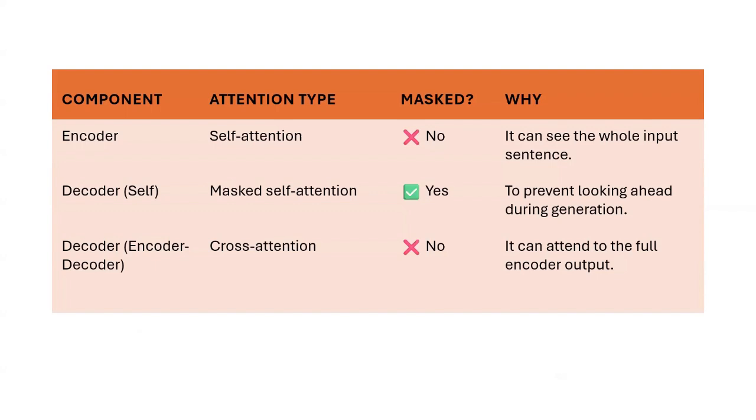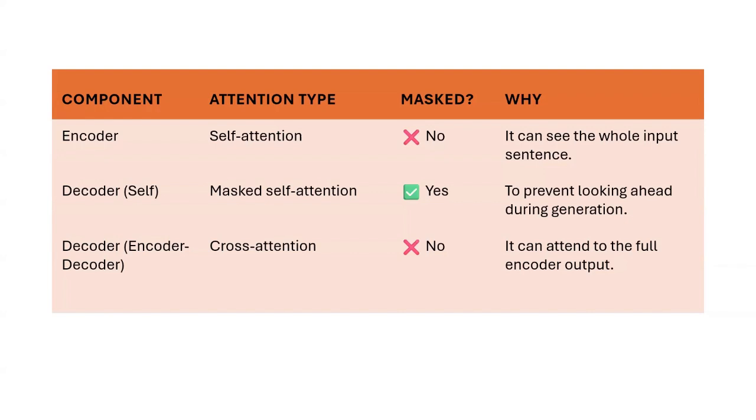One very important thing, which sometimes is not clear to many people. When we talk about the encoder, it has self-attention, but it does not have masked multi-head attention or causal masking. It can see the whole input sequence.